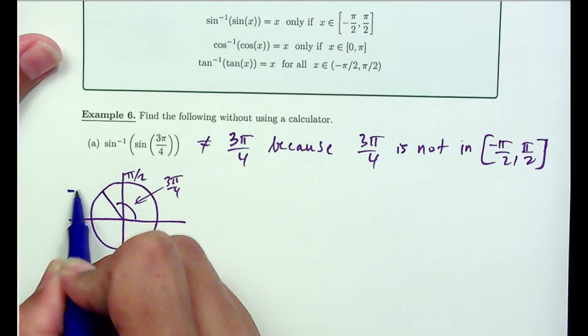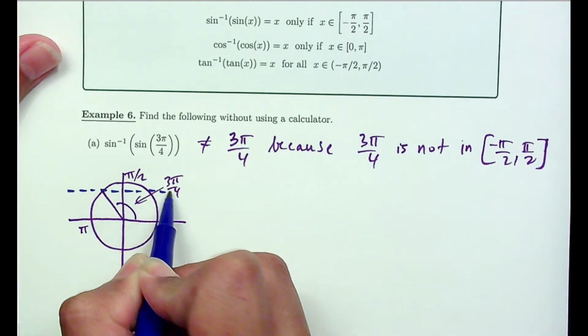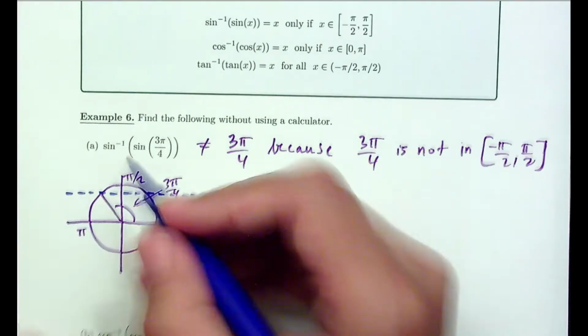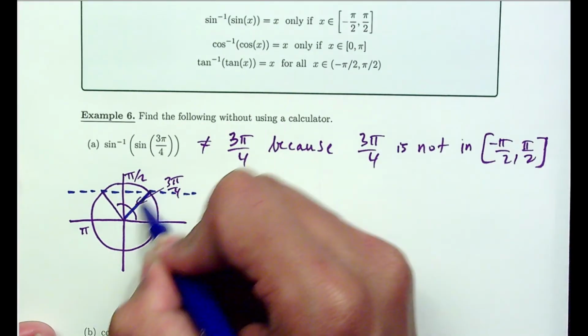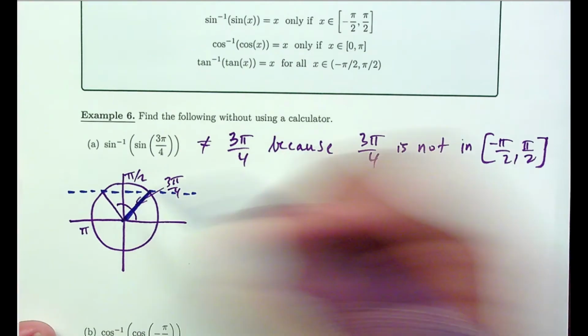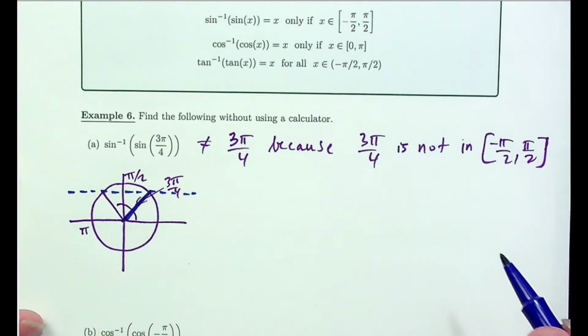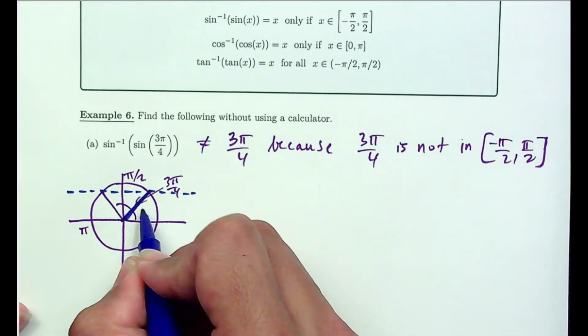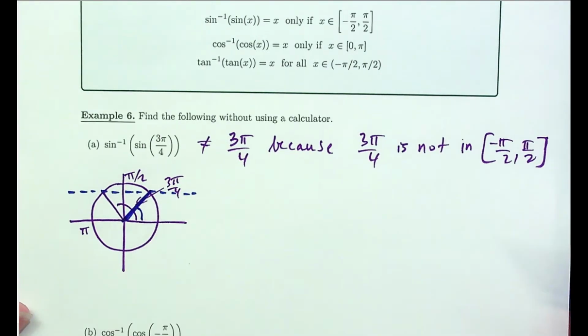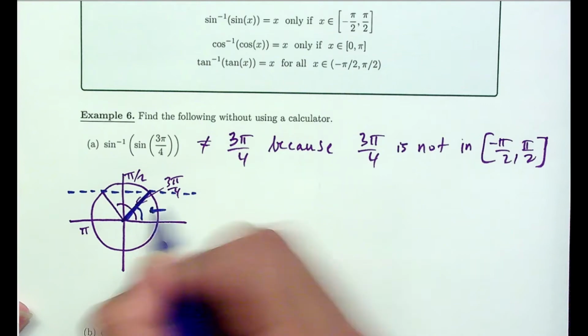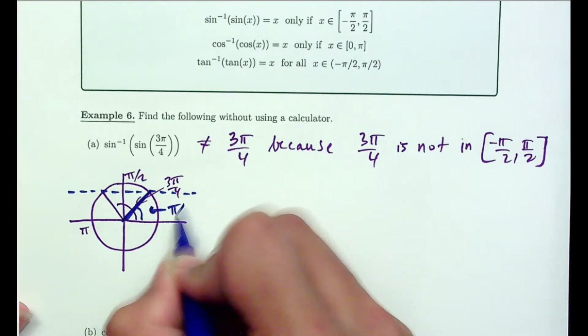The y-coordinate is the height. So I want another angle that has the same y-coordinate, and it is that angle. So the question is, what is this angle?